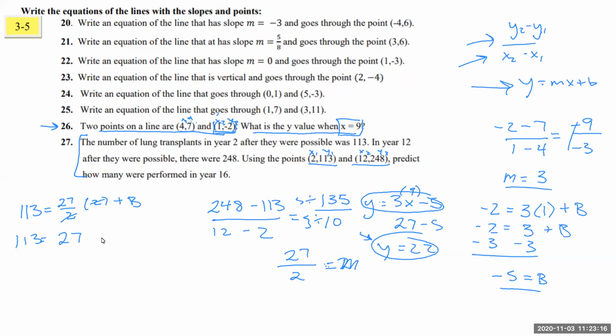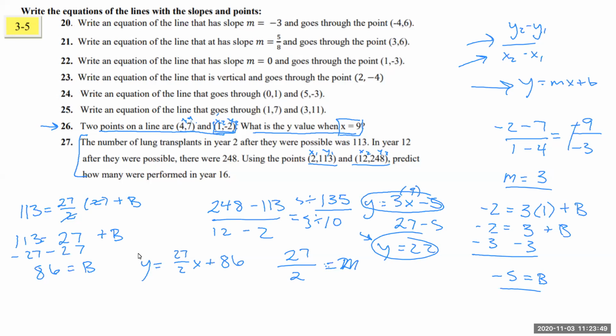We're going to subtract the 27 on both sides, and when we do that, we should come out with 86 equals b. All right, so we have 86 as our b, and we have 27 over 2 as our m. So the equation we're going to use is y equals 27 over 2 x, plus 86.